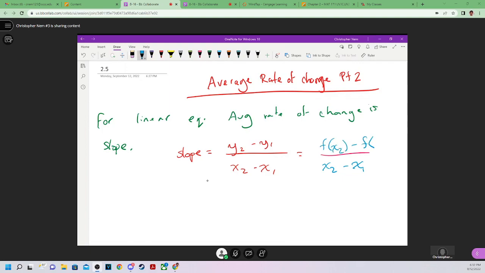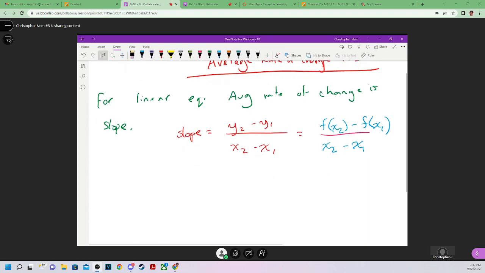If you use a's and b's, it does not really matter. Those are just arbitrary values we'll be using. This is just how people have listed it. I just want you to be comfortable in different types of notations for slope. So we can say average rate of change for a linear equation is just slope.